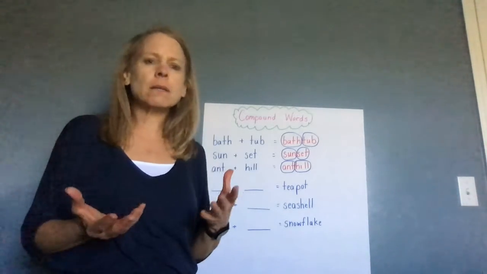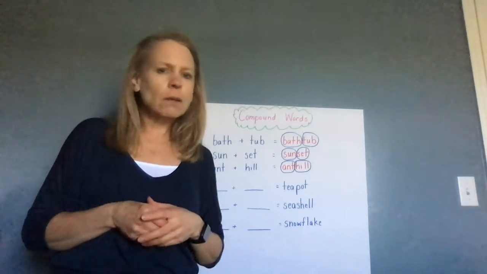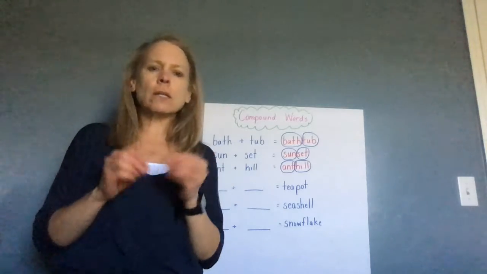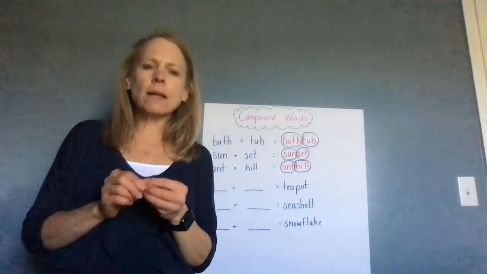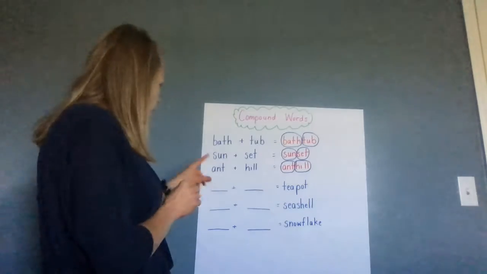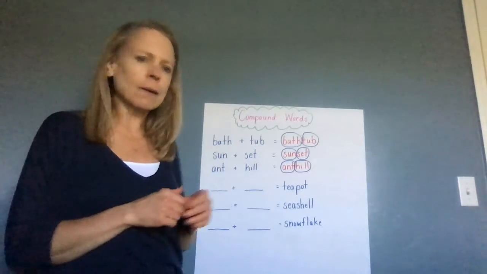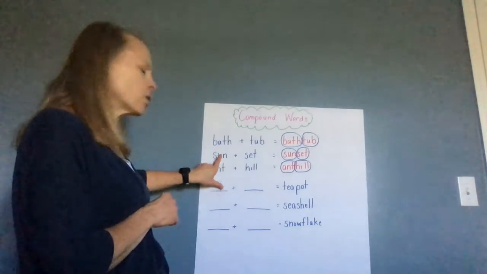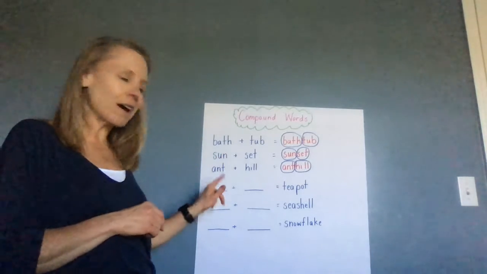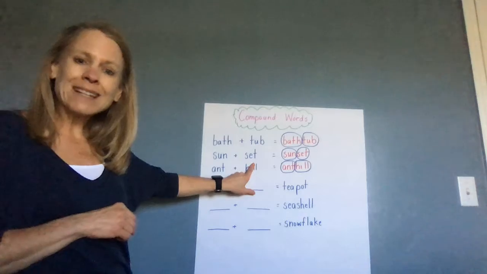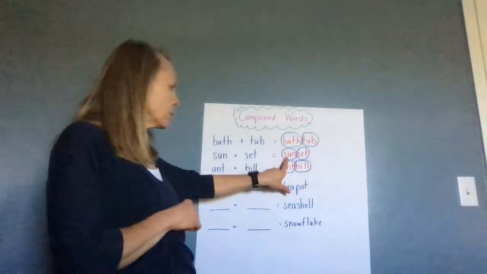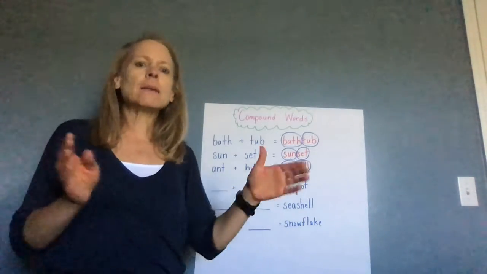Now, when we have these longer words, the thing you need to do is look to see, is there a smaller word I recognize in that word? So then I look at the next one. Let's put the two words together first, and we'll talk about the rest at the bottom. If we have the first word, which is, say it with me, sun, and then we have the word set, and we put the two words together without any break, we say sunset.